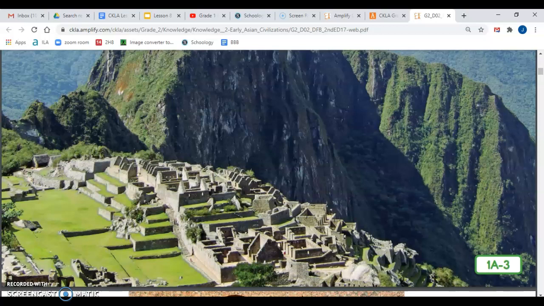But in order to be an ancient civilization, they had a religion, and most of them believed in many gods and goddesses, kind of like Percy Jackson, Hercules. There are lots of different gods and goddesses. Back then, the people living in those civilizations believed in lots of different gods and goddesses. Okay?